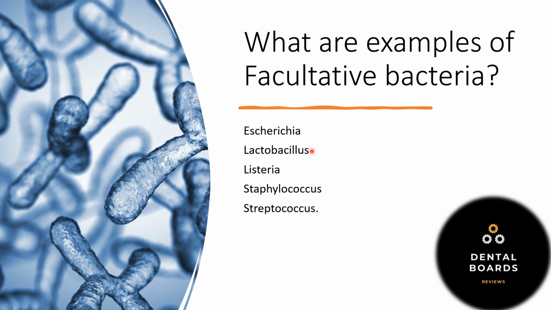They can live with oxygen, or they can live with less oxygen. Then you have Listeria and Staphylococcus. Staphylococcus is a culprit for a lot of dental infections, and so is Streptococcus. The Streptococcus viridans group is a culprit for most periodontal disease and dental abscesses.